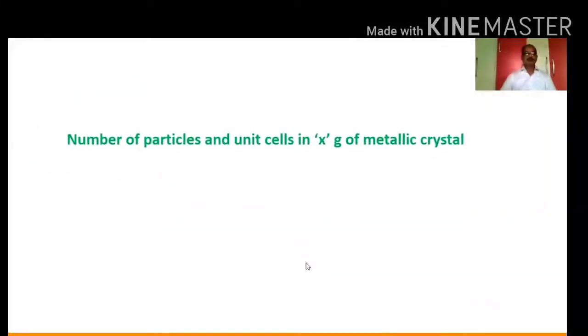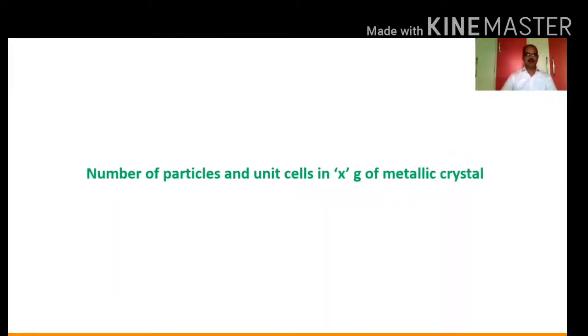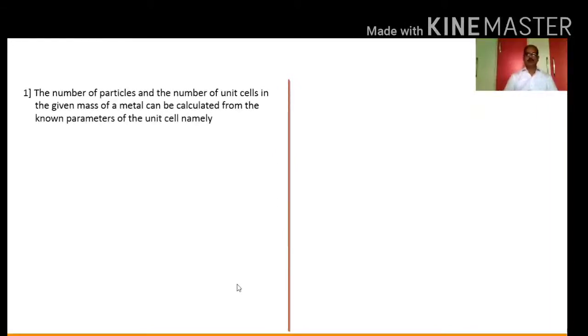So today we are studying the number of particles and unit cells in x grams of metallic crystals. The number of particles and the number of unit cells in the given mass of a metal can be calculated from the parameters of the unit cell.